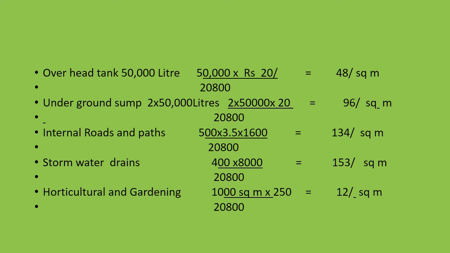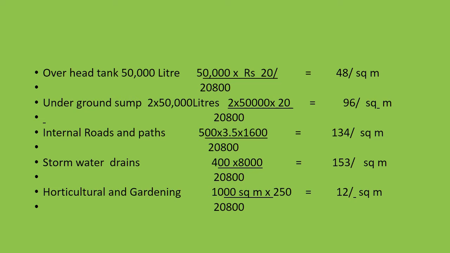Overhead tank 50,000 liters into 20. Here also you divide it by the whole built up area to find out the individual share of the flat. Underground sump, 2 sumps are there of each 50,000 liters, so the share comes to 96.